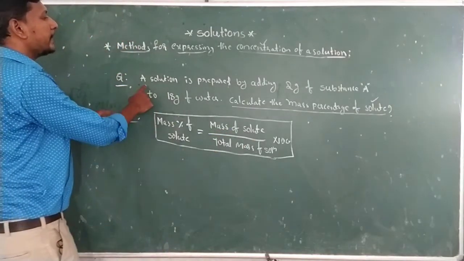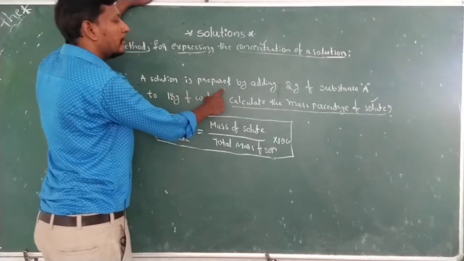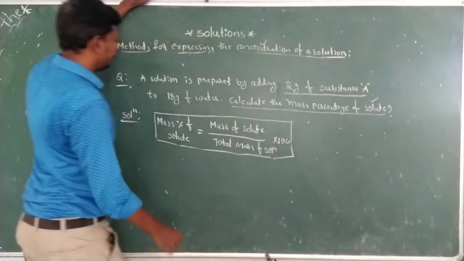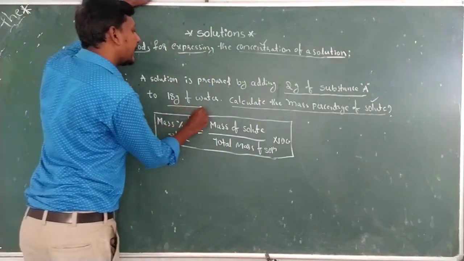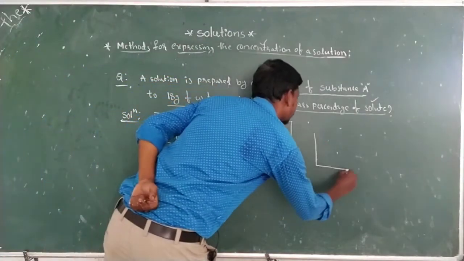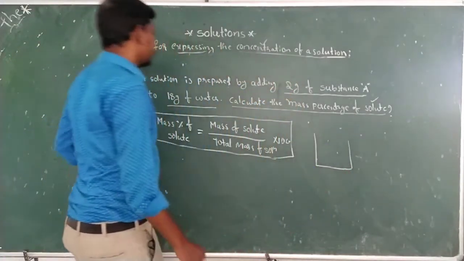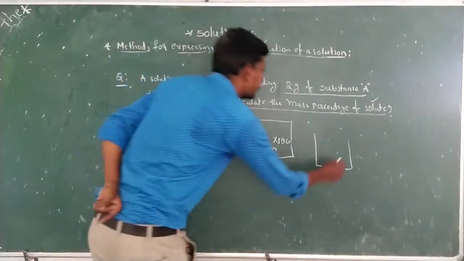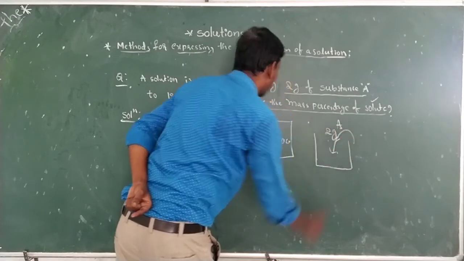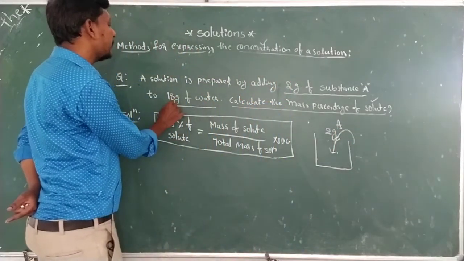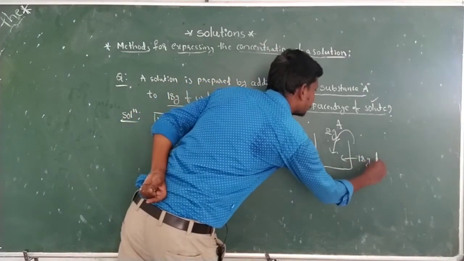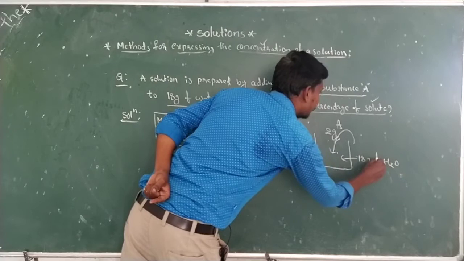Look here, a solution is prepared by adding 2 grams of A substance to 18 grams of water. For example, I am taking one beaker. Here 2 grams of A substance is taken into the beaker, and to that we are adding 18 grams of water, H2O.